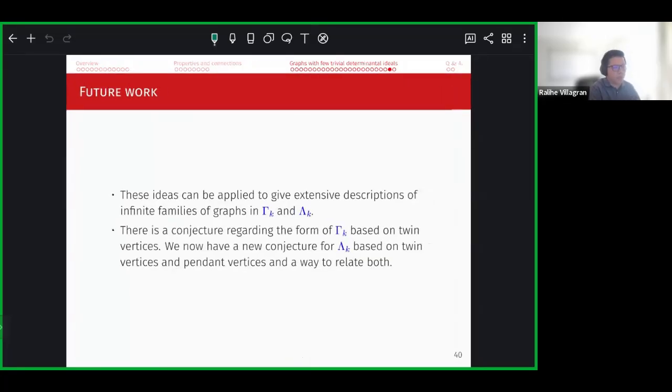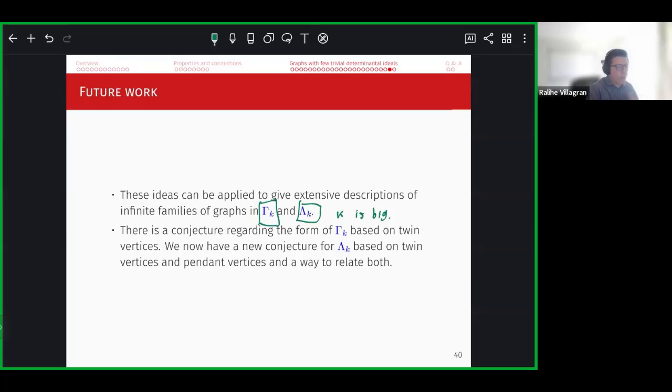So these ideals and these Smith normal forms over the integers can help us to do extensive descriptions of infinite families of graphs for these sets, even when k is big, which was not really approachable before. And it kind of tells us something maybe deeper.